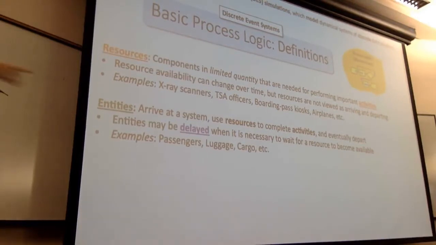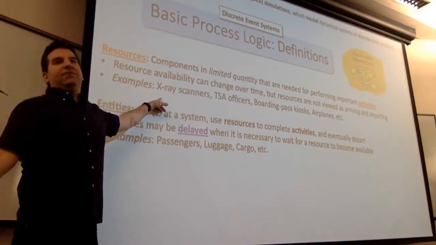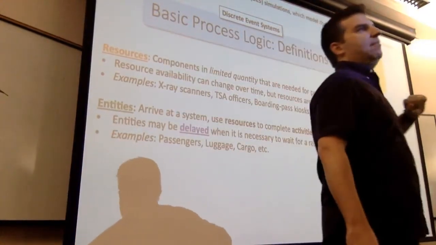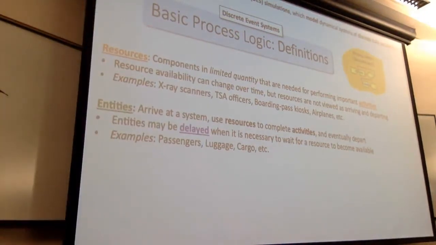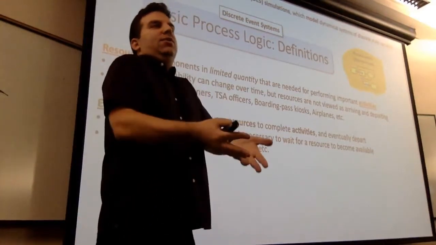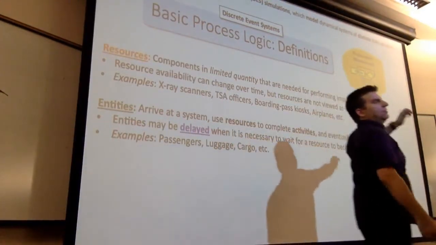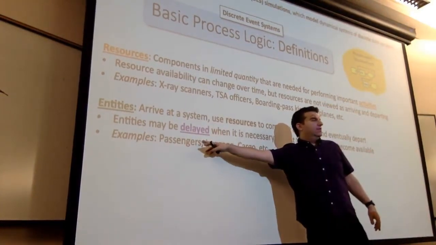As an example, when you go to get your bag scanned, once you get to the x-ray scanner, there's a sigh of relief because you know roughly how long it's going to take for you to finally get to your gate. But when you're standing in line for the x-ray scanner, you have no idea how long it's going to take for you to actually get to the scanner. So the time to get to the scanner where you're waiting on everyone else's activity is a delay. But when you actually get to the resource and hand your bag off to the resource, then that is when you've entered an activity. And those two things matter because we model activities, but we don't model delays. Delays come out of the simulation.